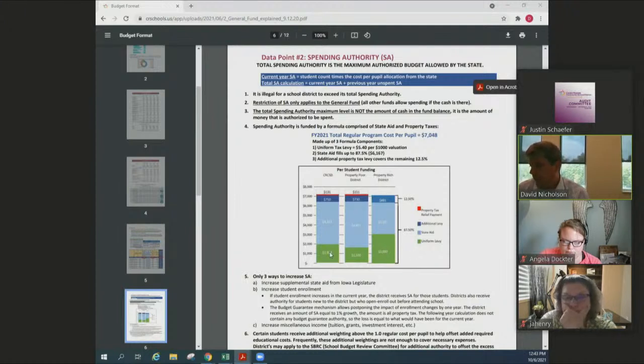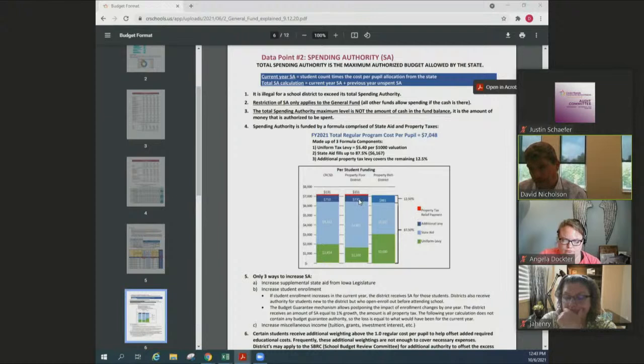So when you do $5.40, for Cedar Rapids it funds about $1,800 per pupil. But a property rich district could fund $3,000, $4,000, or even more of the total cost of the regular program cost times the number of students. It can fund a lot of that, so the amount of state aid they get is a lot less. Then you can see this property tax relief payment. School districts that are average or poor are getting some of their additional property taxes bought down.